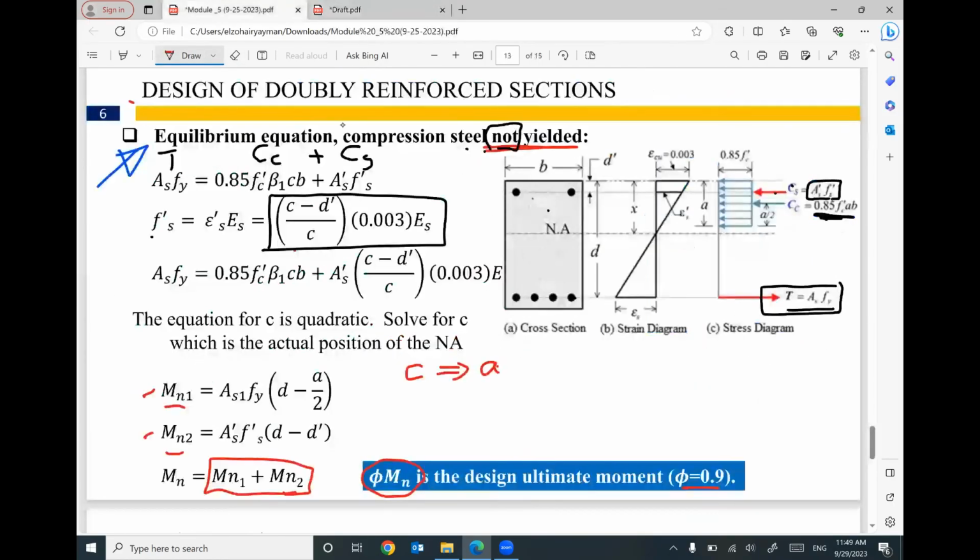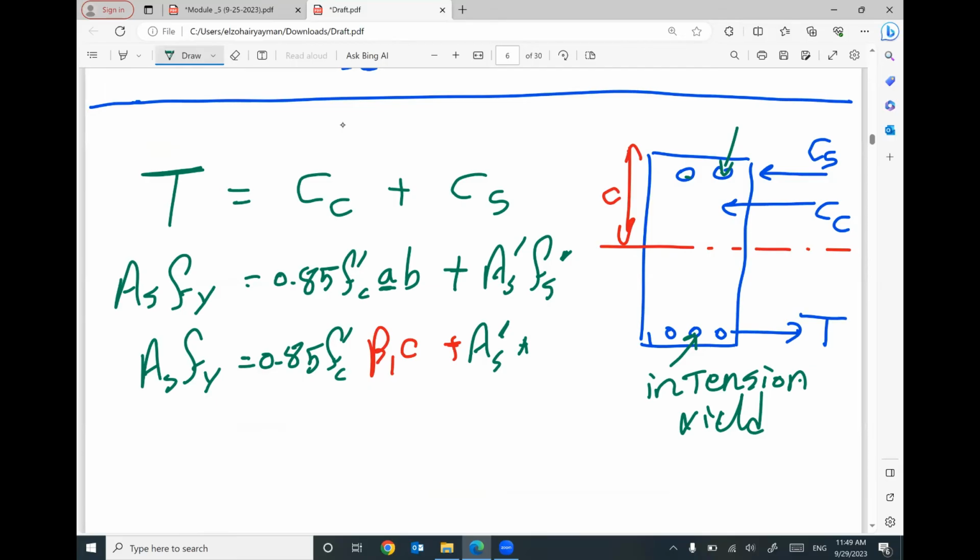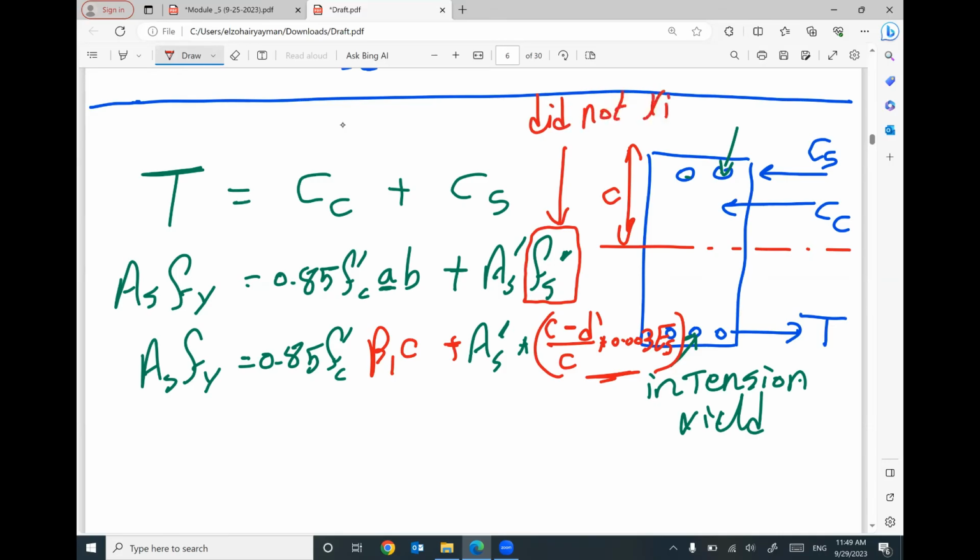Is it correct? Yes. C minus D prime divided by C times 0.003 times E steel. This is the value of stress in steel under compression, because this stress did not yield yet. So I cannot use F yield. This is the main idea in this case.